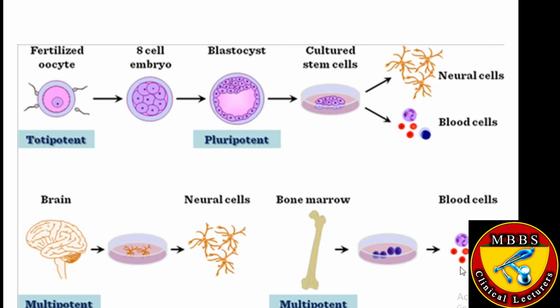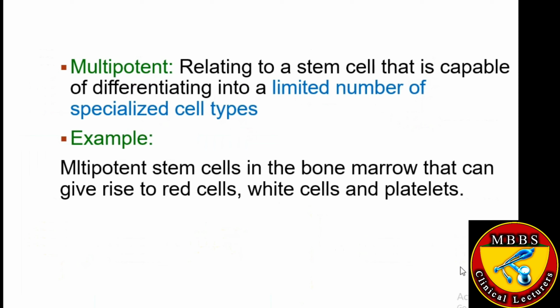So these are multipotent cells. The definition is that it is related to a stem cell, but it is capable of differentiating into a limited number of specialized cell types. For example, multipotent stem cells in the bone marrow can give rise to red cells, white cells, and platelets.